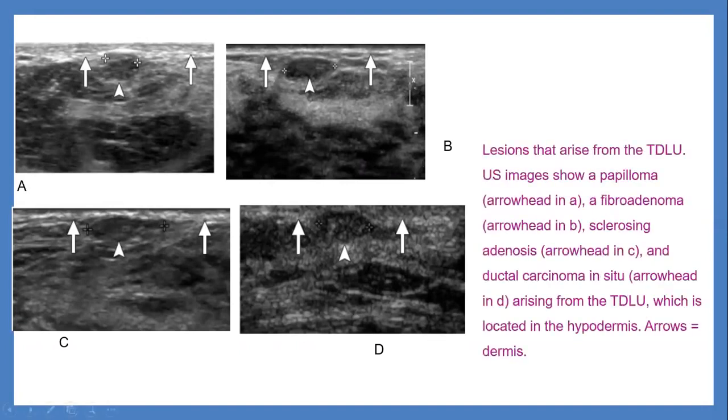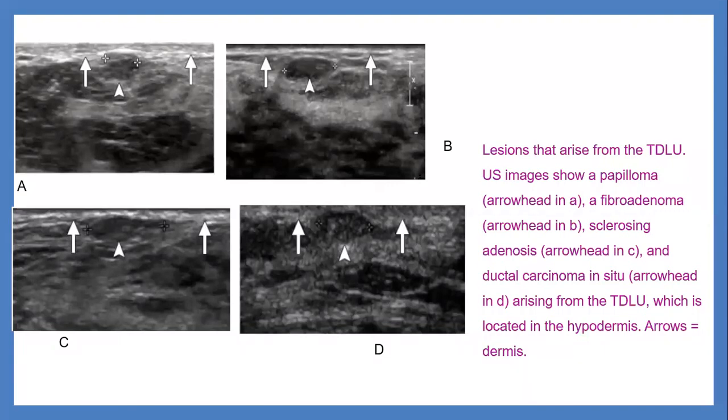Okay, so in this case, they describe A as a papilloma, B as fibroadenoma, C as sclerosing adenosis, and D as ductal carcinoma in situ.